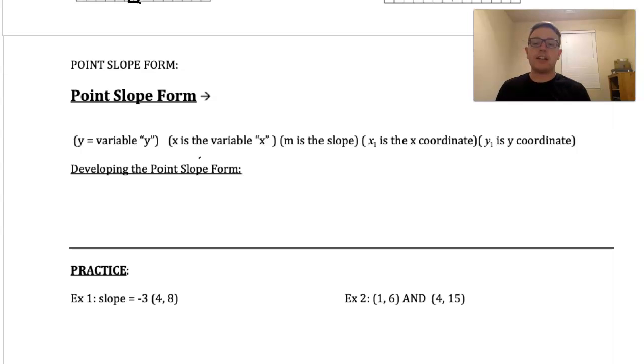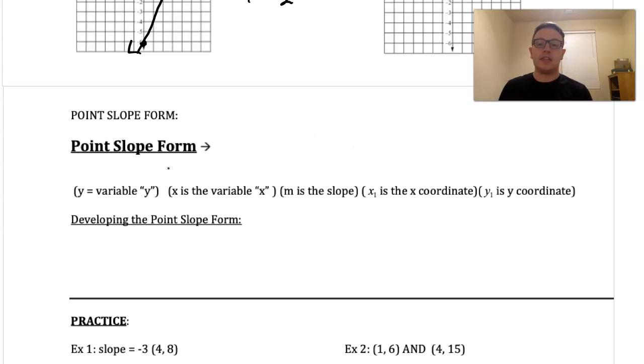So we talked about how you deal with making something into slope intercept form when you have a point. But we can do this in a little bit easier way using point slope form. And point slope form says y minus y1 is equal to m times x minus x1. Or what this is: y is our variable, x is still our variable, m is still our slope, and then we have 2 points.